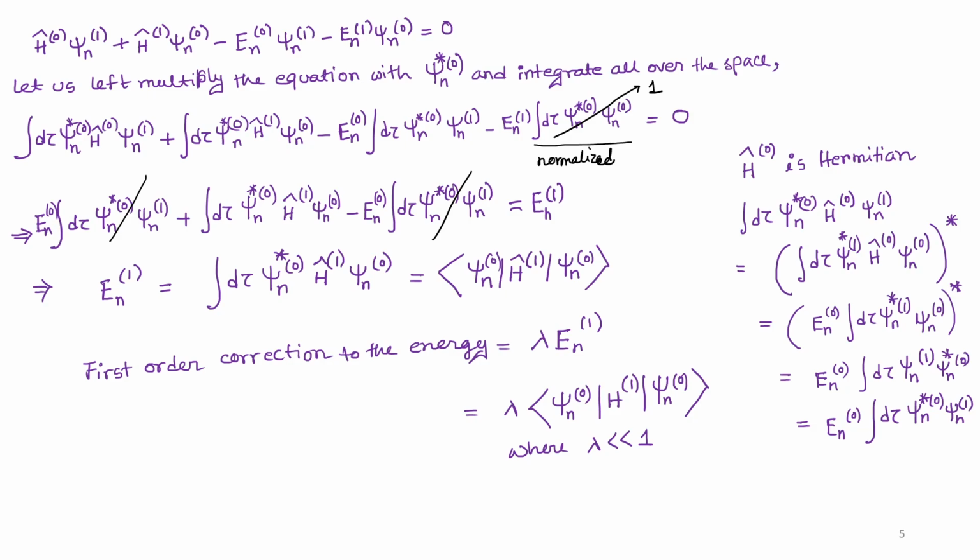To find the wave function, we need to establish one thing: that the unperturbed states or wave functions make a complete set, which means we can write any wave function with a proper linear combination of these unperturbed wave functions.